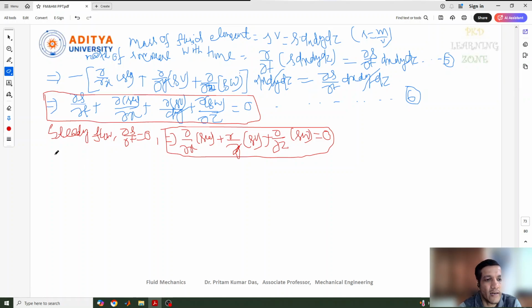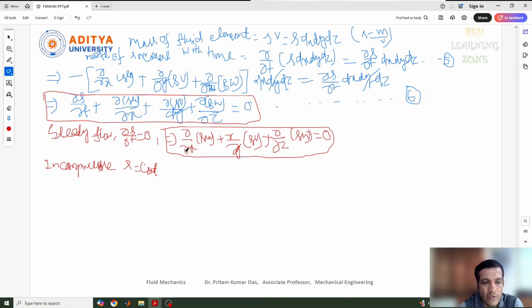Similarly, when the flow is compressible or incompressible, both are there. Incompressible means your density will be constant, that means there is no change in density. So when the flow is incompressible, we know that density equals constant.